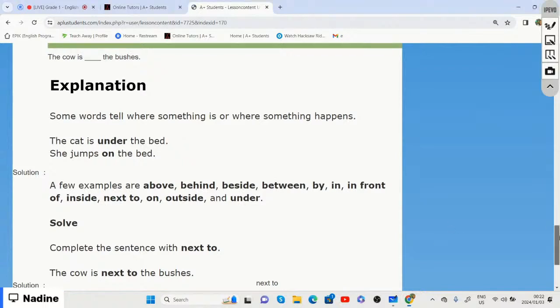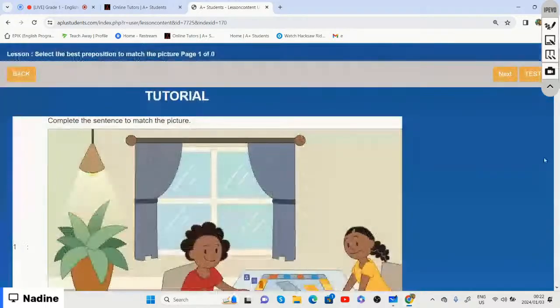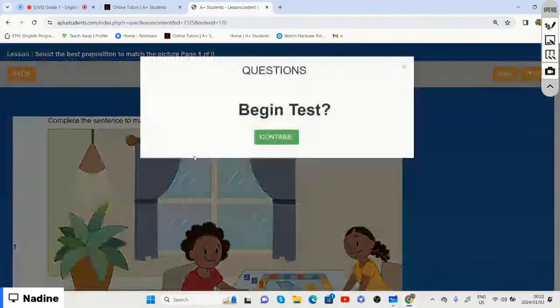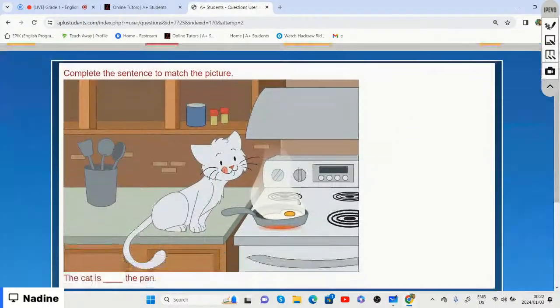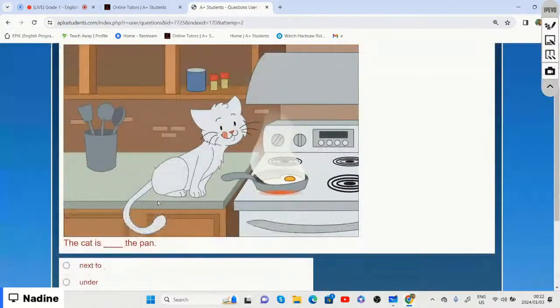All right, so now we're going to do our test where we're going to select the best preposition to match the picture. So we're going to complete the sentence to match the picture. We need to say where the cat is to the pan, right? So here we have the cat, and here we have the pan, and we're frying an egg, right?